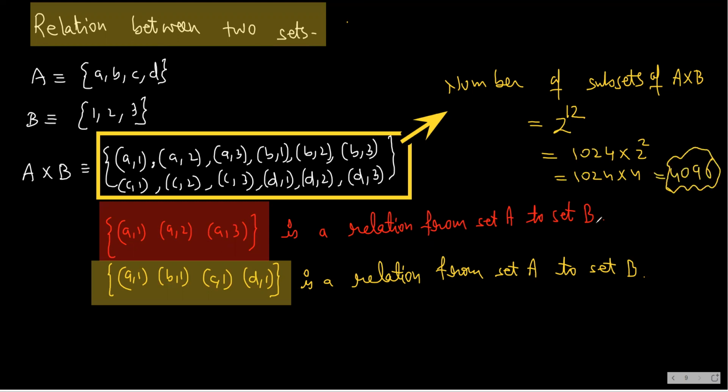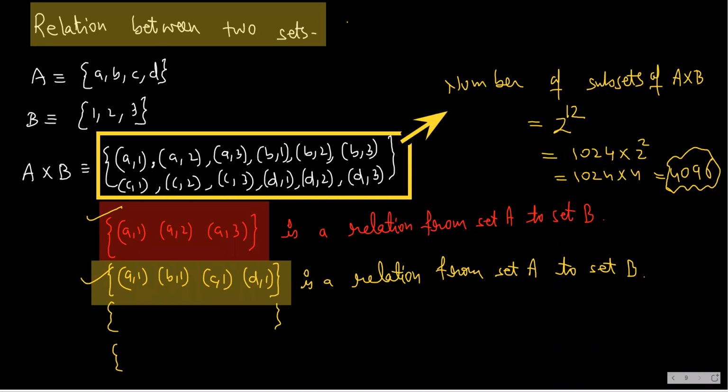These many subsets you will see. Like I have written 2 subsets before you on the screen, so like this, you will have to write 4094 more subsets of this A cross B.